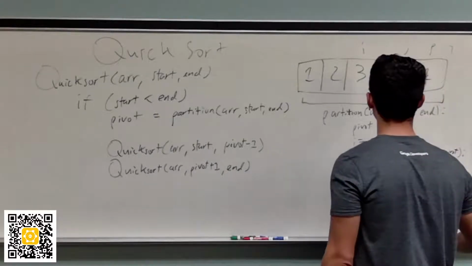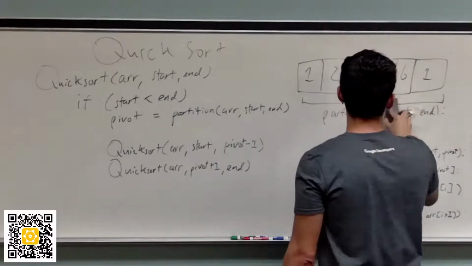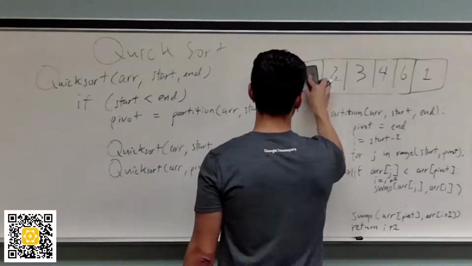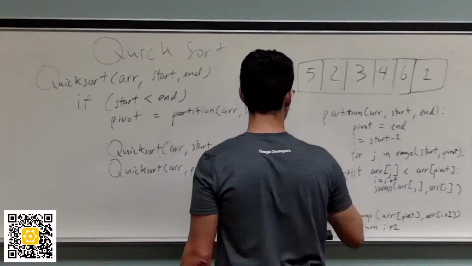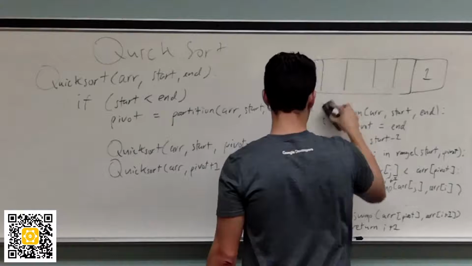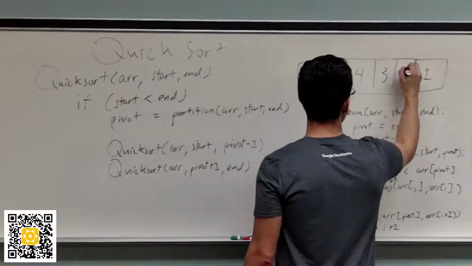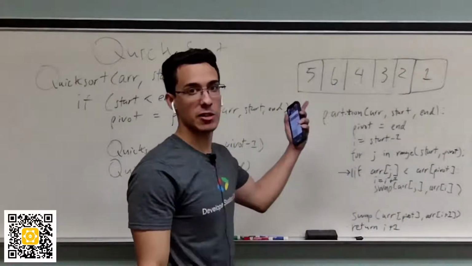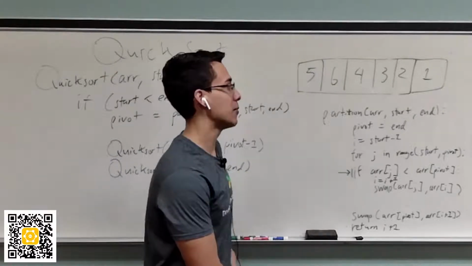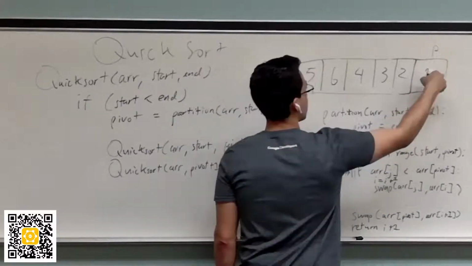Let's say this was 1. Let's go through an extreme case. 4, 3, 2. So the array is sorted, but in the reverse direction, right? What's going to happen then? Well, you're going to be at your pivot. It's 1.